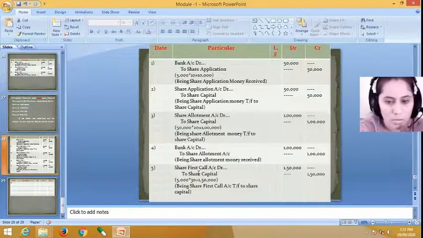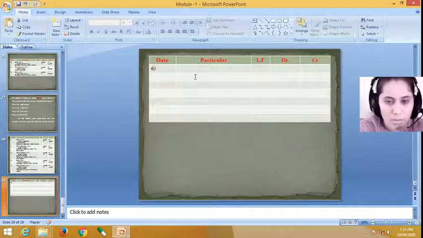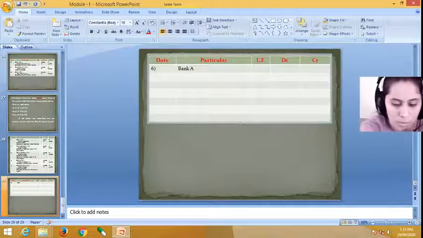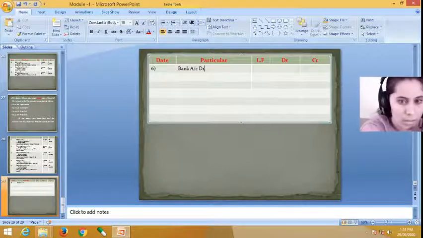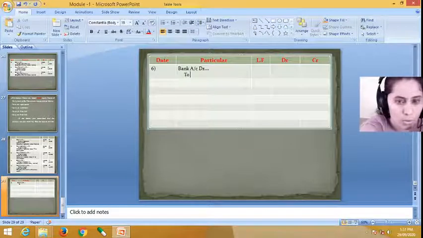Here you transferred the share first call to the share capital. Now the receiving of share first call. The receiving entry is: Bank account debit to share first call account.